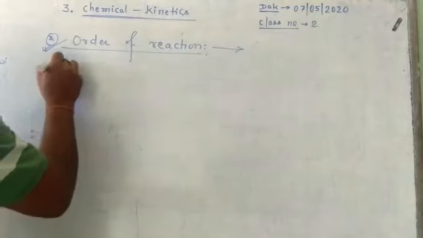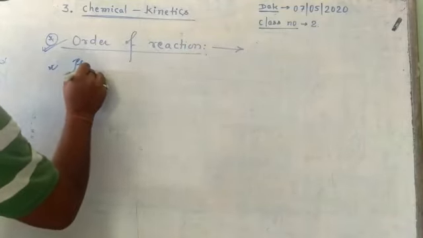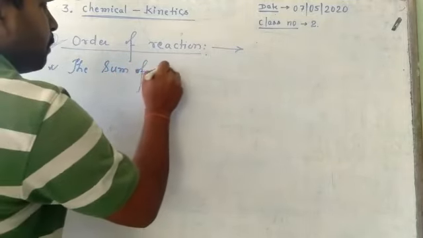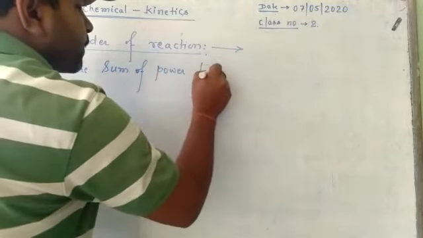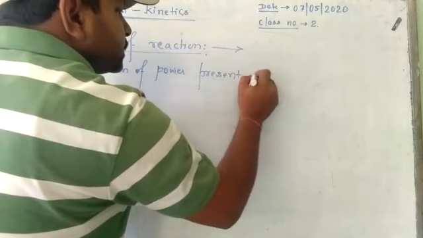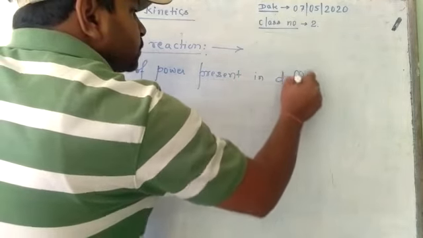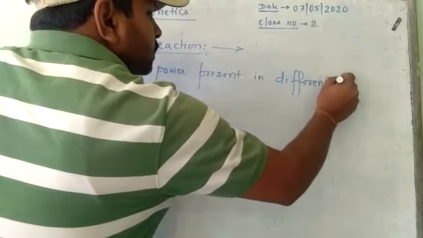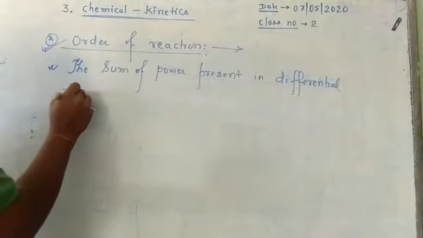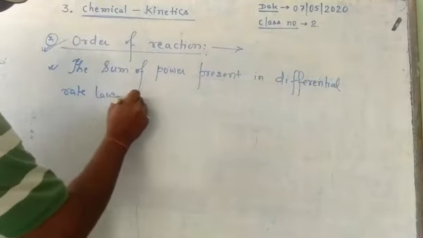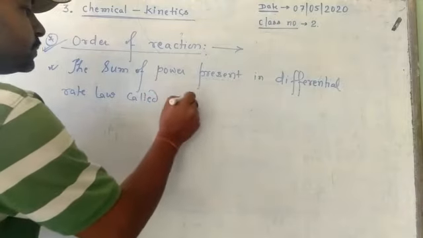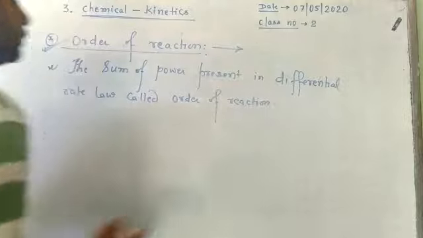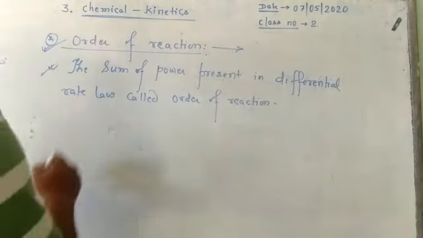First of all, the sum of powers present in differential rate law is called order of reaction. It is the definition of order of reaction.